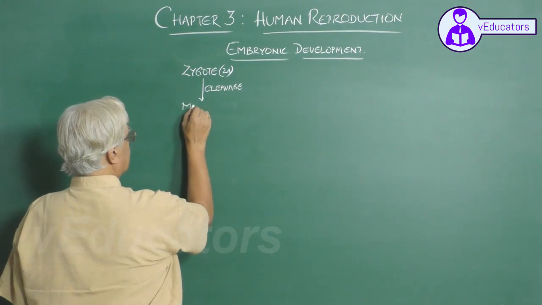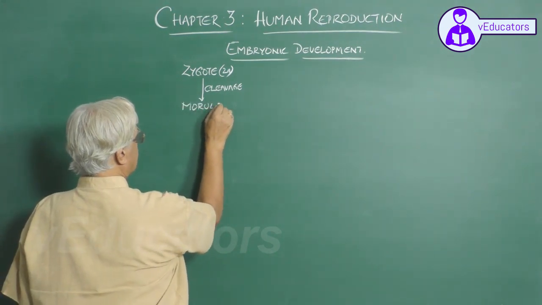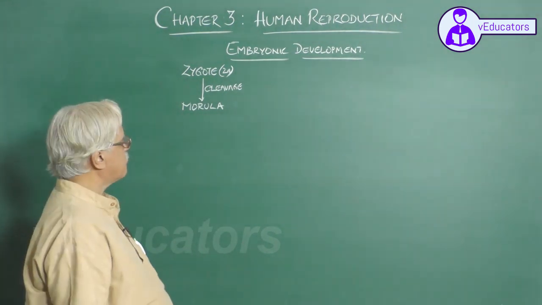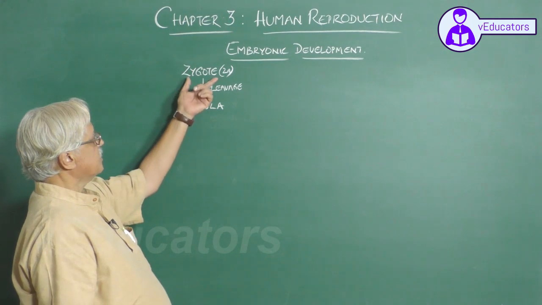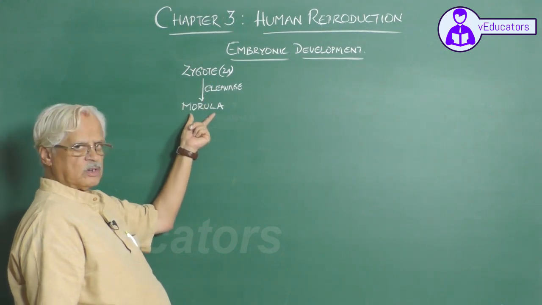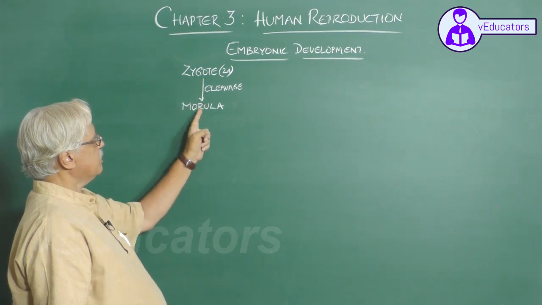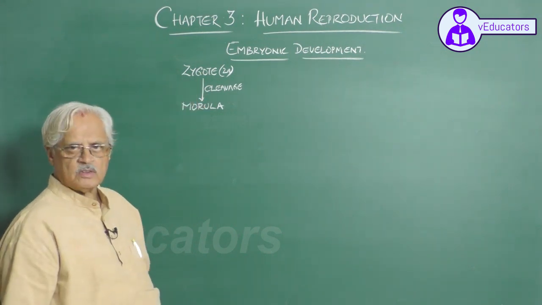The resulting embryonic stage is called morula. So zygote is a single cell, morula is a multicellular embryonic stage, but the size of the morula will be the same as the size of the zygote.